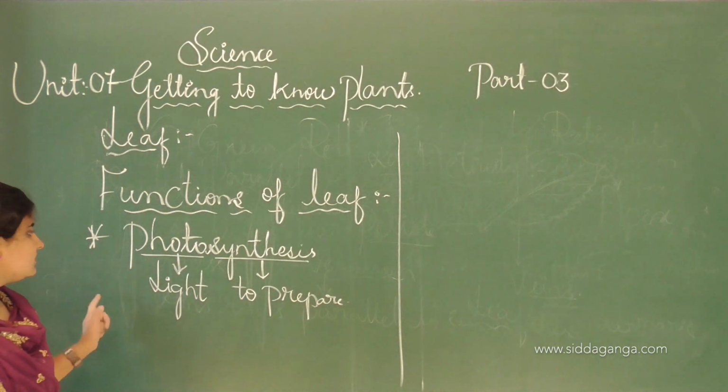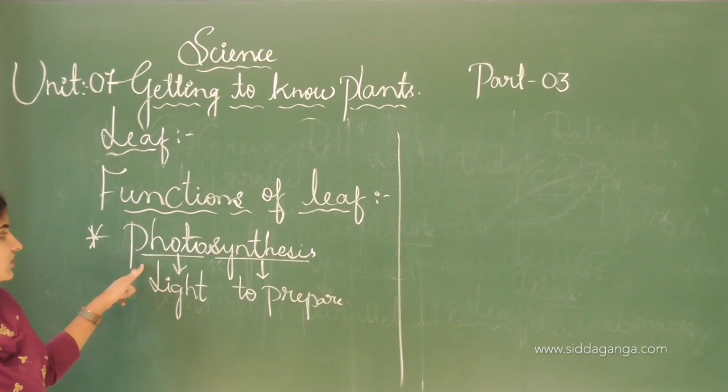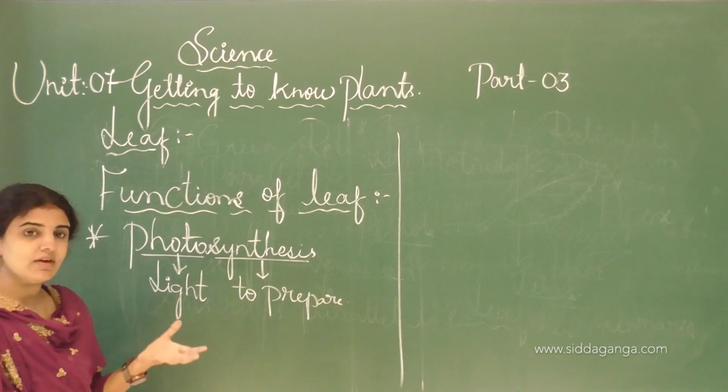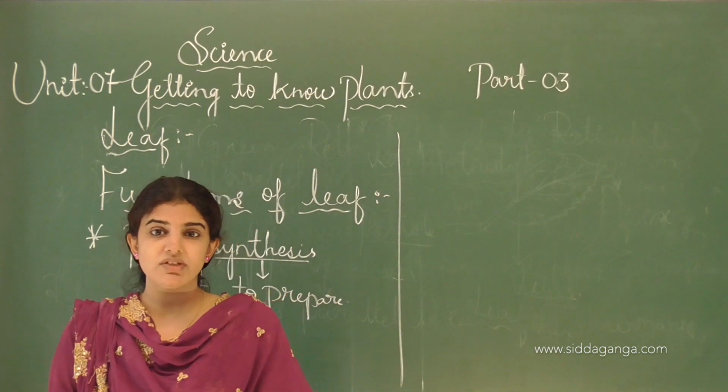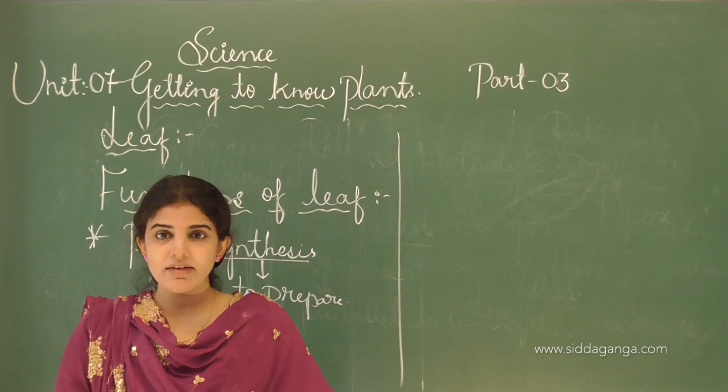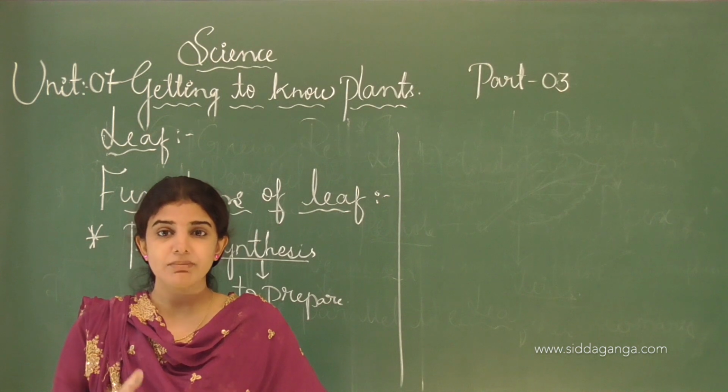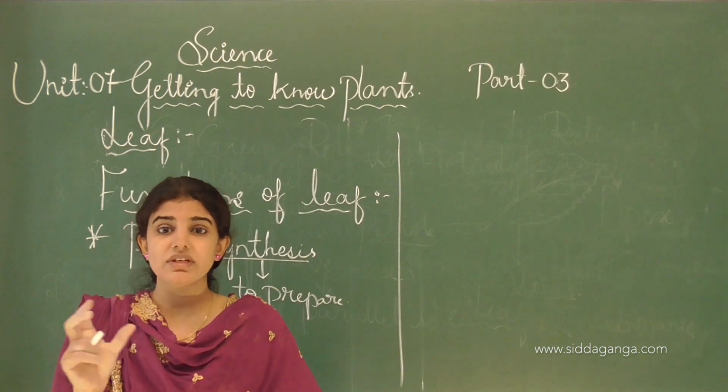By means of the process known as photosynthesis, plants take carbon dioxide from the air as well as the water present in the soil, using sunlight as well as the chlorophyll pigment present in the leaf, which is green in color.